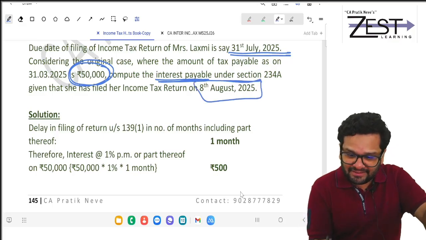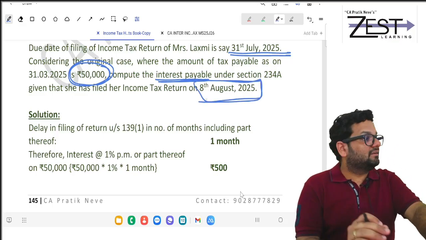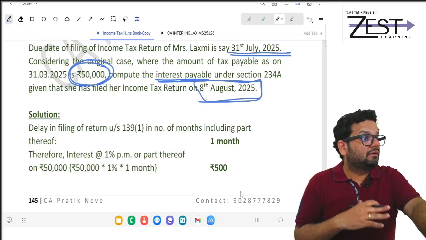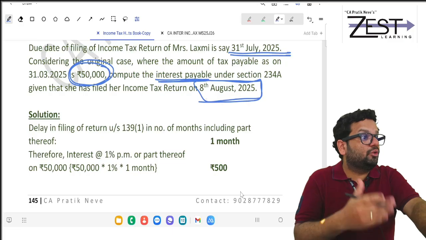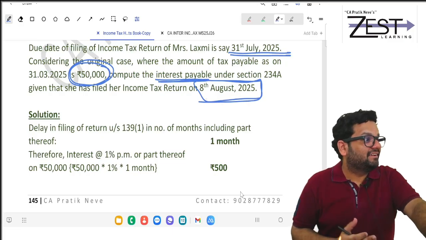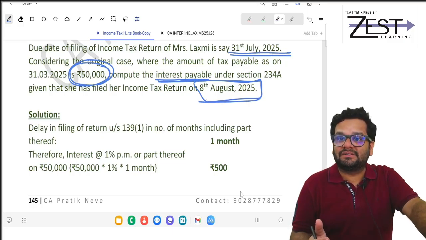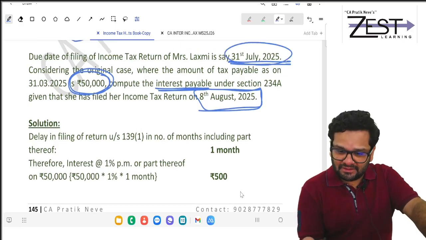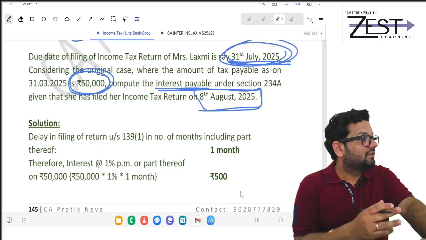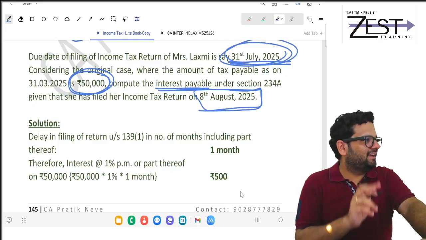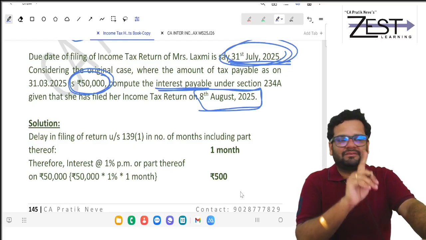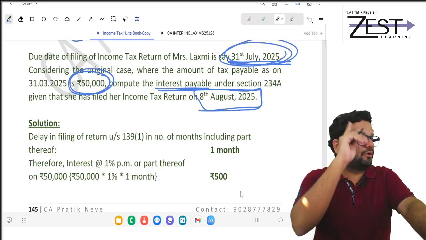So what's the delay? Delay I want from due date of filing ITR. What was due date of filing ITR? It's given here 31st July. So delay is 8 days. 8 days means 1 month. Why will you calculate from April?